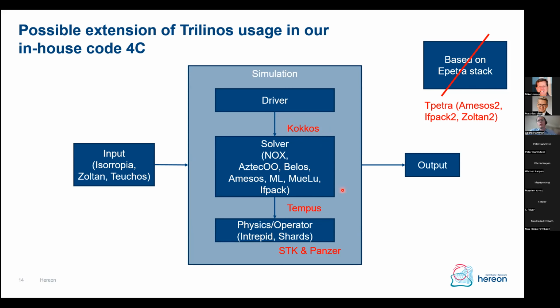We have some refactoring in front of us. Our code relies, for example, on several time integration schemes in several places in the code. It's not very well written. So here we might have the option to go to the Tempus package.